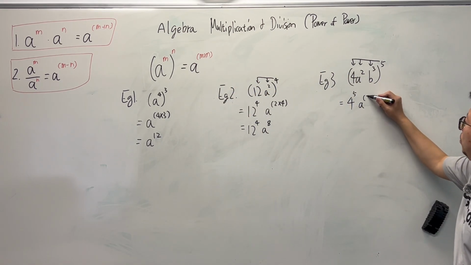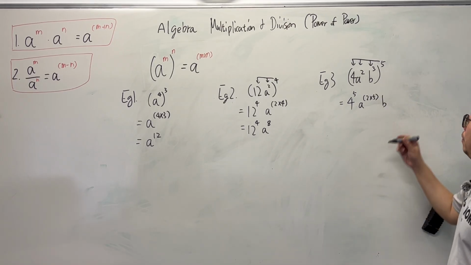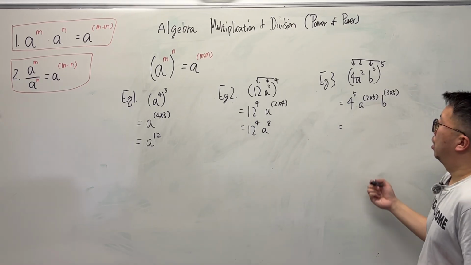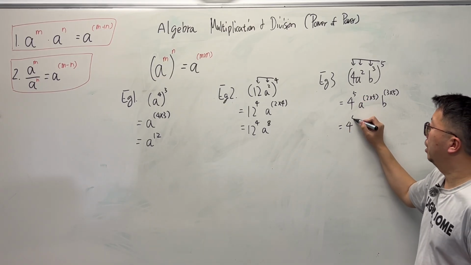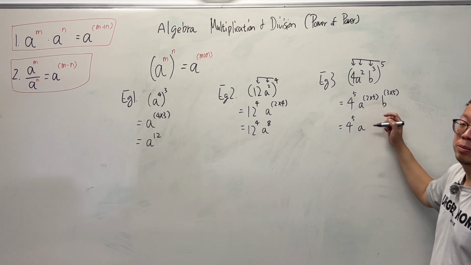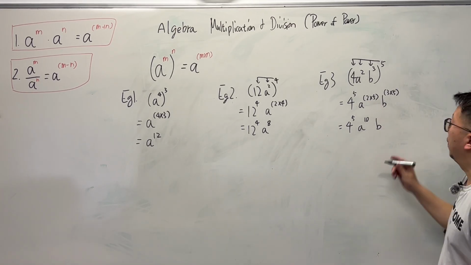Power of power, so 2 times 5. B term, again, power of power rule, so 3 times 5. Okay, so just leave the number term like this, 4 power 5. A, 2 times 5 is 10. B, 3 times 5 is 15.